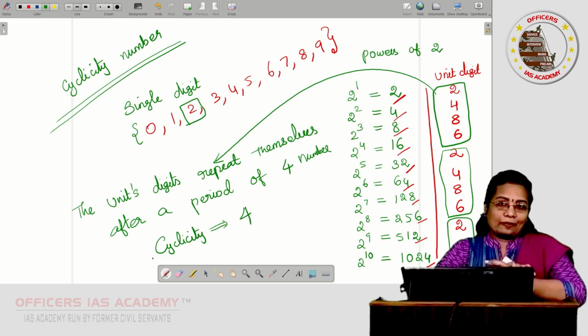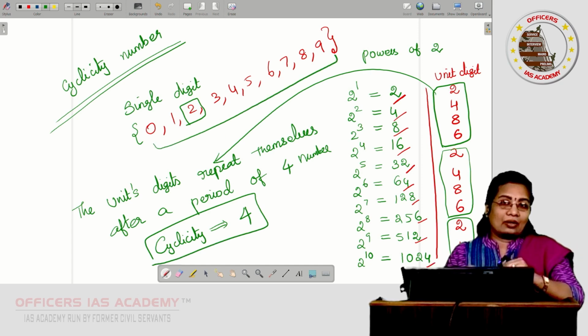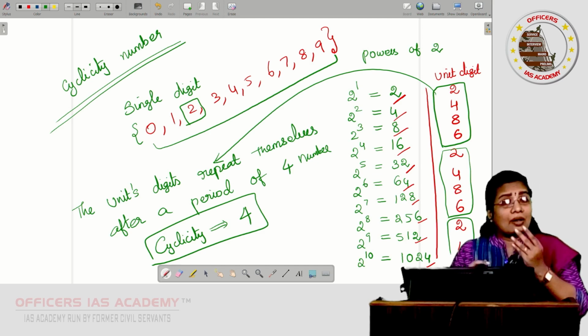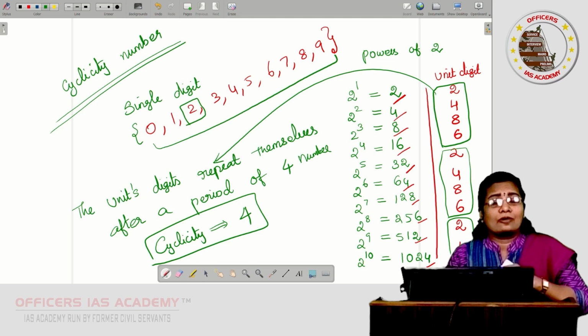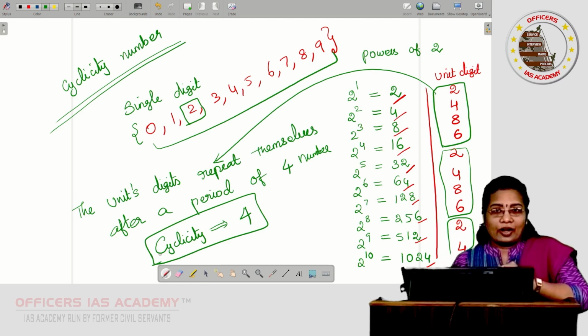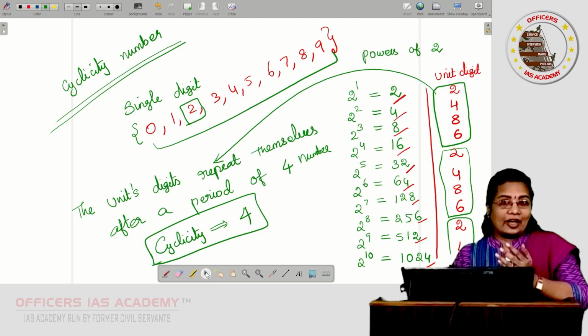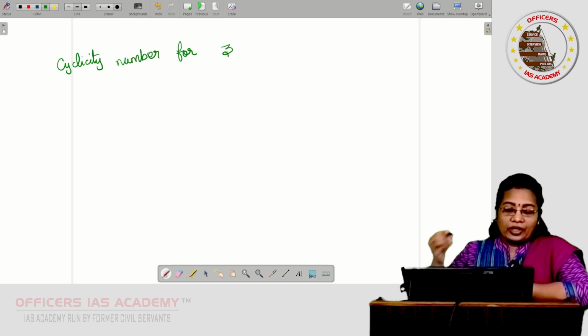Thus we got it. Like this, some other numbers from 1 to 9 also have 4 as the cyclicity. Some numbers have 1 as the cyclicity. Some numbers have 2 as the cyclicity. For your reference, I am going to give those values. You can use them later with this concept. Cyclicity number for 3: how do you get it?